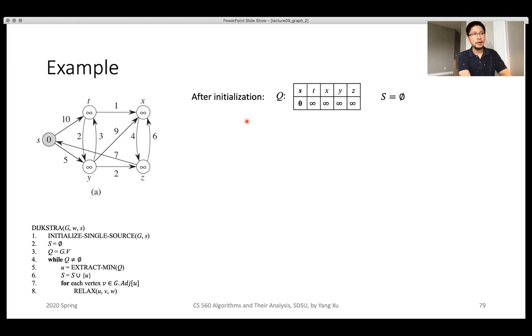Then the while loop begins. We extract one vertex from the minimal priority queue. Because S has the smallest number initially, S will be the first one to be extracted, and the set S will be the union between an empty set and the current source vertex s, so S will be the single-element set of s.